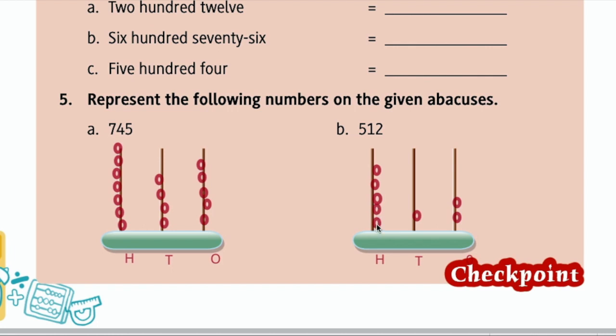So in hundreds place we have 5 beads, tens place we have 1 bead, and ones place we have 2 beads. So we have represented 512 through beads in abacus.